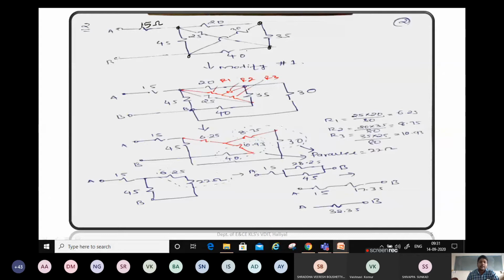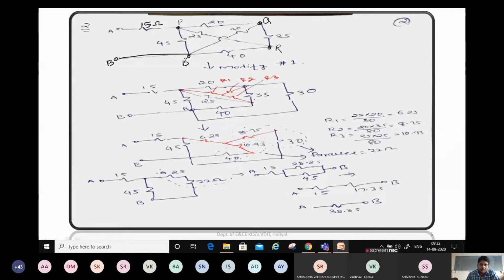Say for example, now if I mark some points here like P, Q, R, this I cannot say yes, because it is already B. It is point B only. So what I can do is make it convenient to convert into a delta to star or star to delta network.